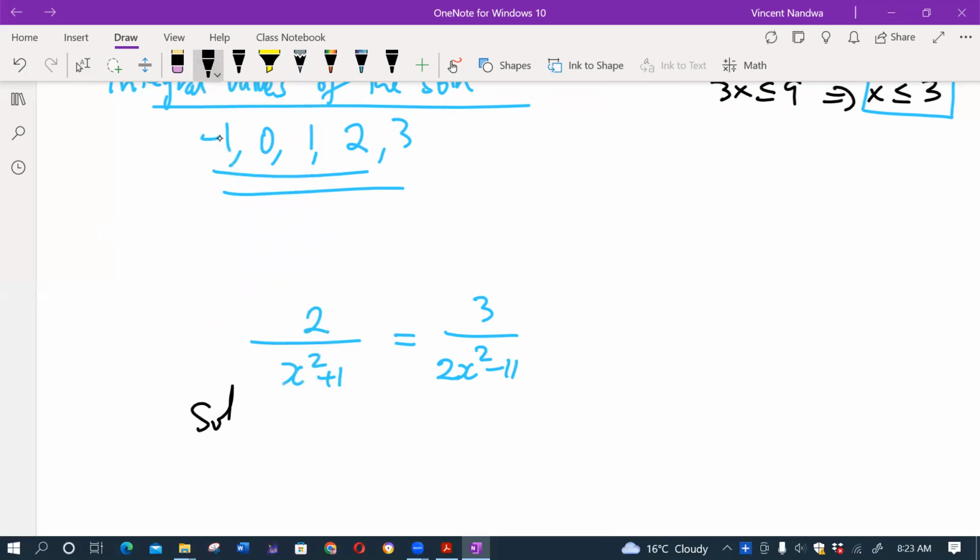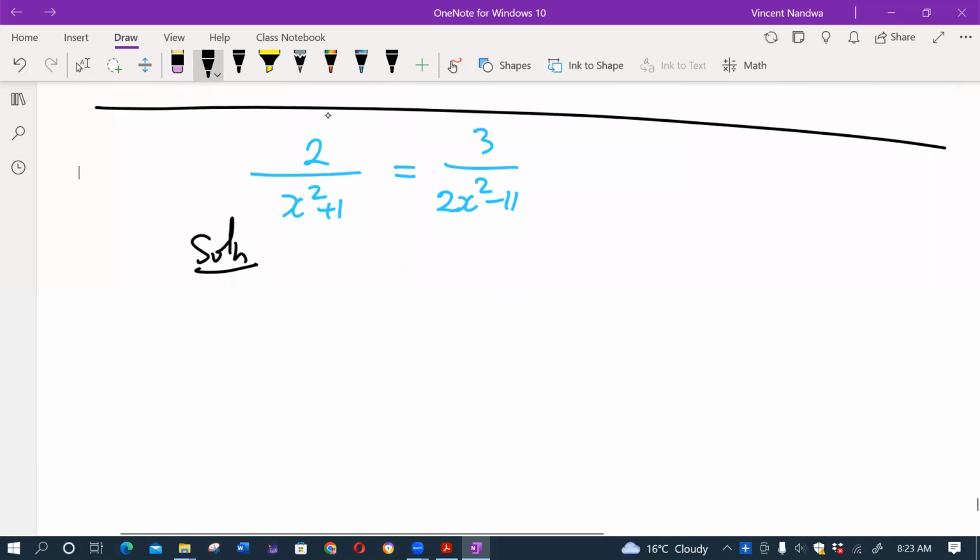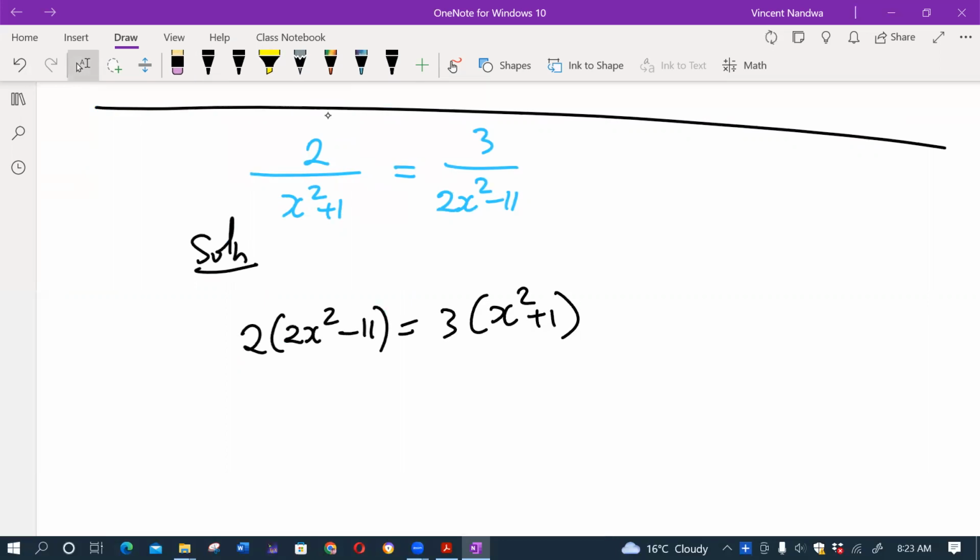So, solution: cross multiply to get 2 times (2x squared minus 11) equals 3 times (x squared plus 1). So this will be 4x squared minus 22 equals 3x squared plus 3.